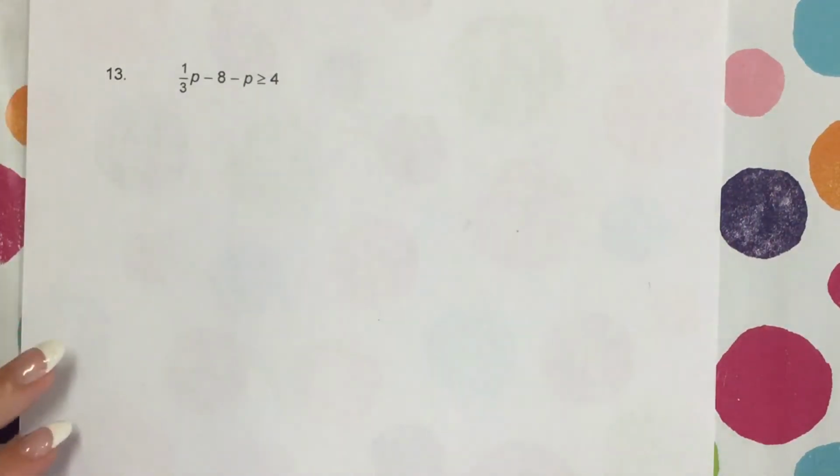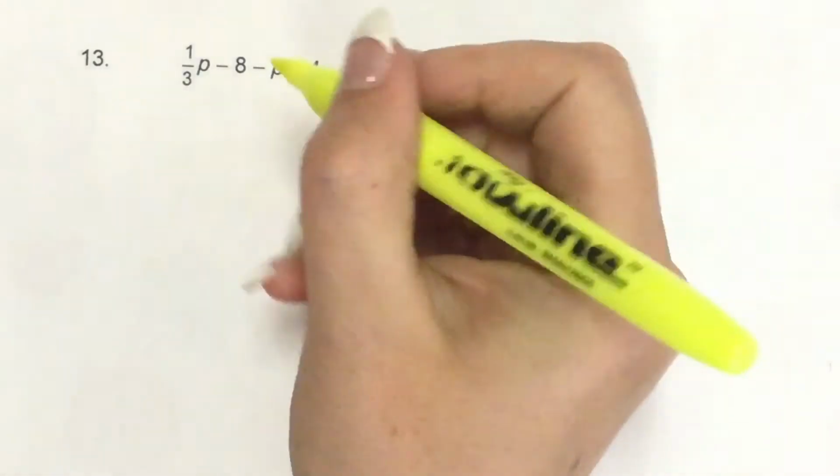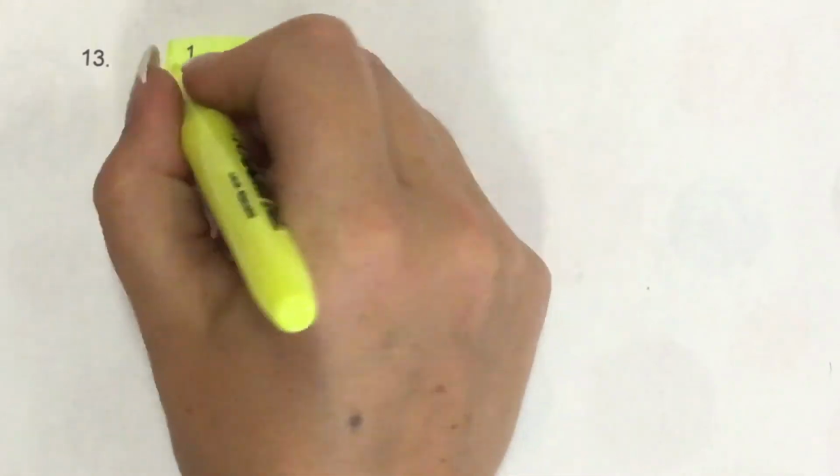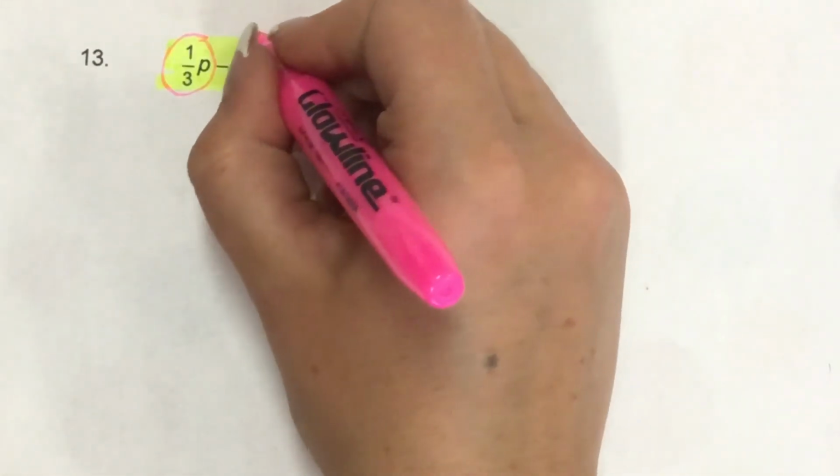Let's go ahead and do this one. Okay, perfect. There we go. What I see is that on this side of the equation here, we have two variables, so we need to go ahead and combine those. We have 1/3 p, and then we have a negative p here.